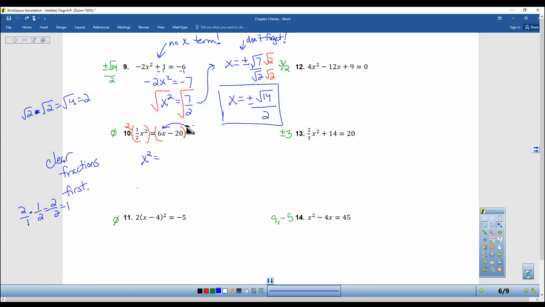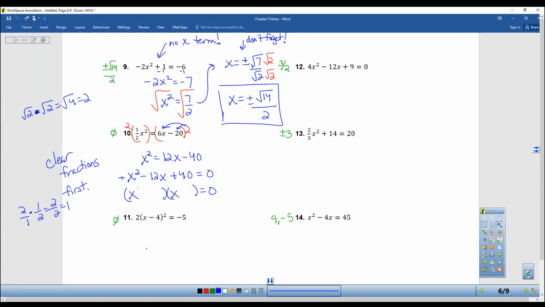And when I distribute the 2 on this side, I get 12x minus 40. I see an x squared, so I think I'm going to set equal to 0 and factor. And there's an x term, so that is my strategy. You might be tempted to move the x squared over, only move one thing instead of moving two things. But I personally think factoring is easier when the first term is positive.